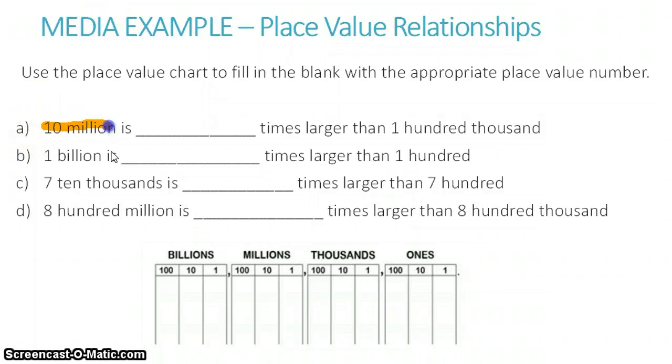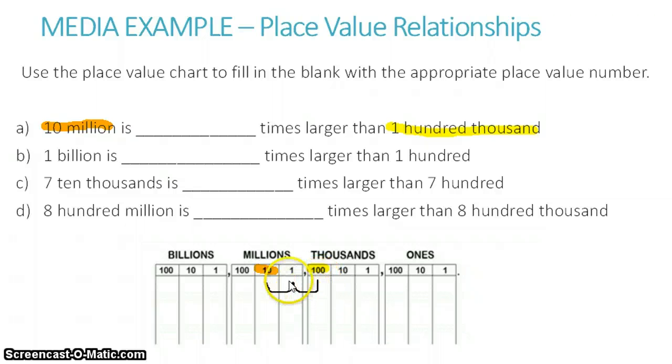So 10 million, so let's highlight where that is, blank times larger than 100,000. And here's 100,000. So let's see how many place value columns we'll move. So starting at 100,000, we'd move 2 places to the left.